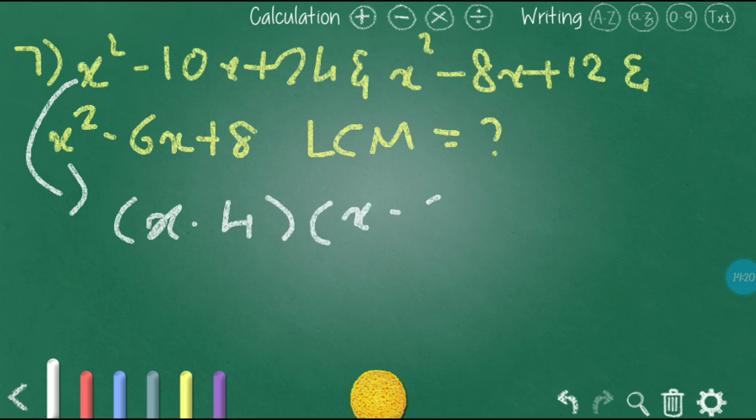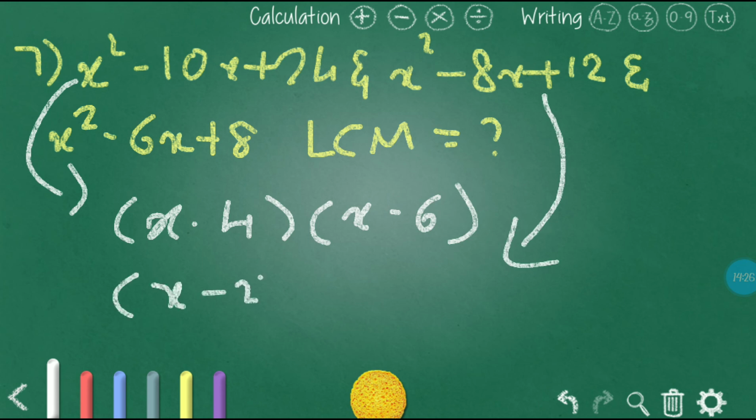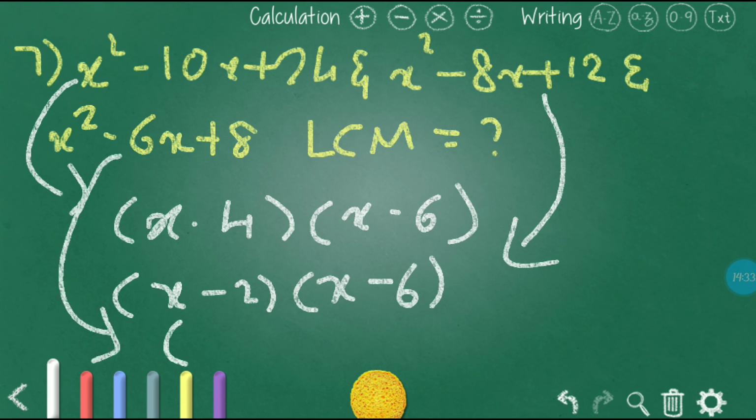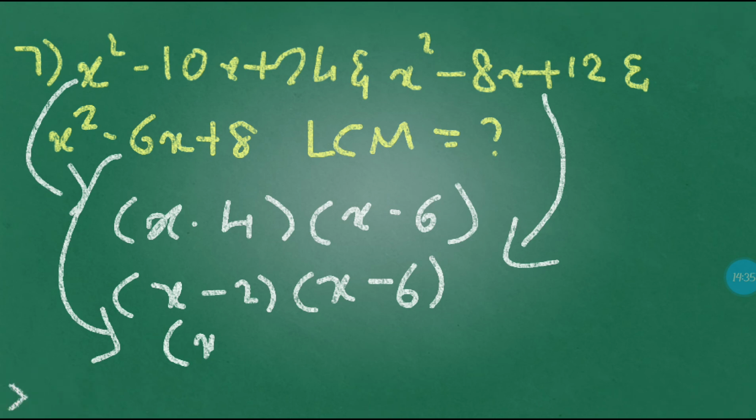The factors for that will be x minus 4 into x minus 6, right? And for the second one it will be x minus 2 into x minus 6, and you factorize. And for the third one it will be x minus 2 into x minus 4.